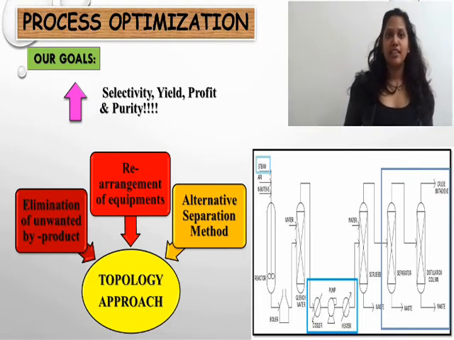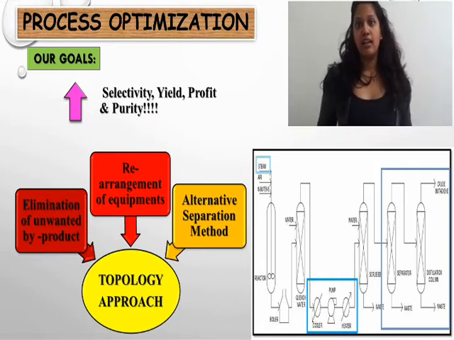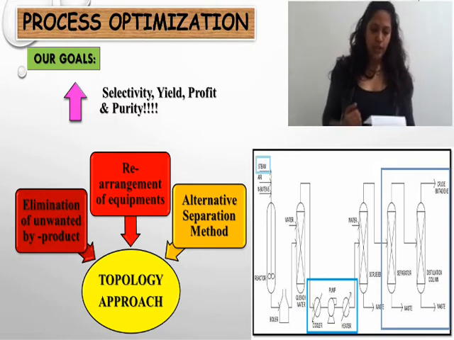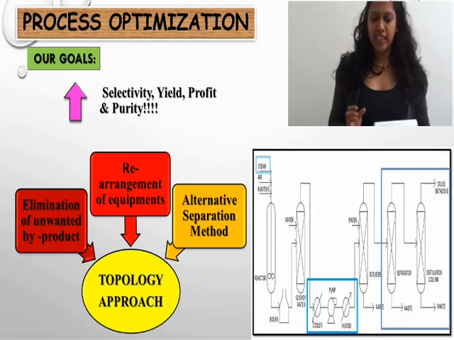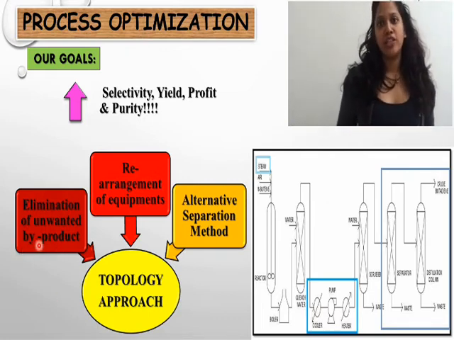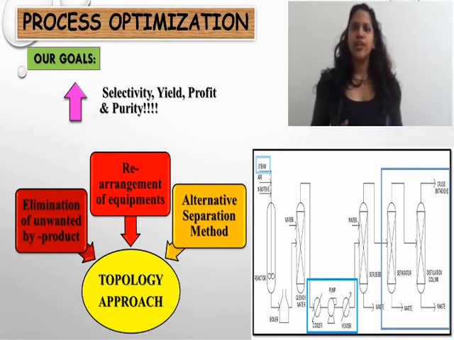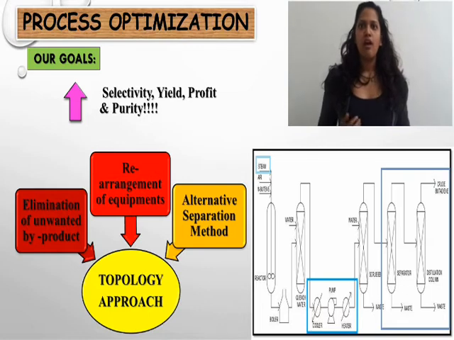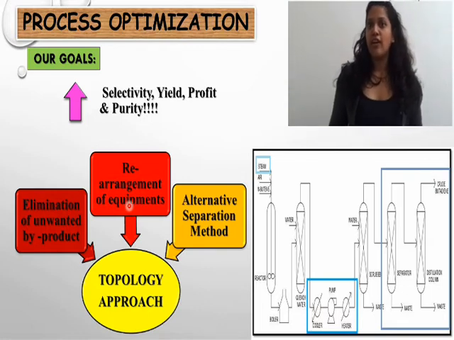Carbon dioxide doesn't have a great value, or it is not advisable to be sold. So this formation of carbon dioxide affects the yield and selectivity of the desired product that we want, which is 1,3-butadiene.